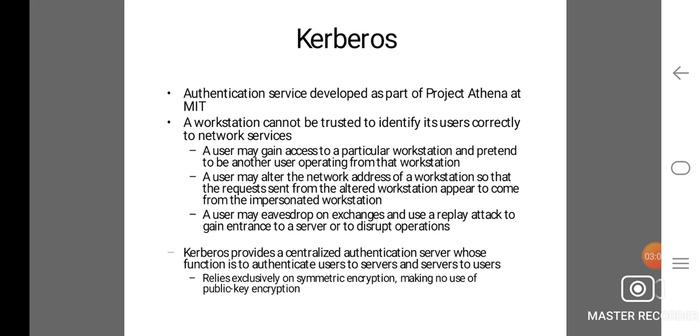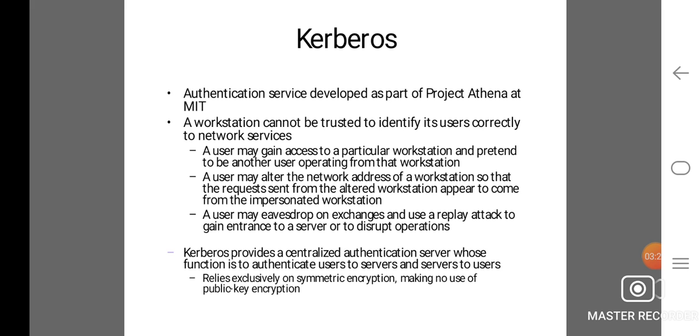Kerberos authentication service was developed as a part of Project Athena at MIT. A workstation cannot be trusted to identify its users correctly to network services. A user may gain access to a particular workstation and pretend to be another user operating from that workstation.